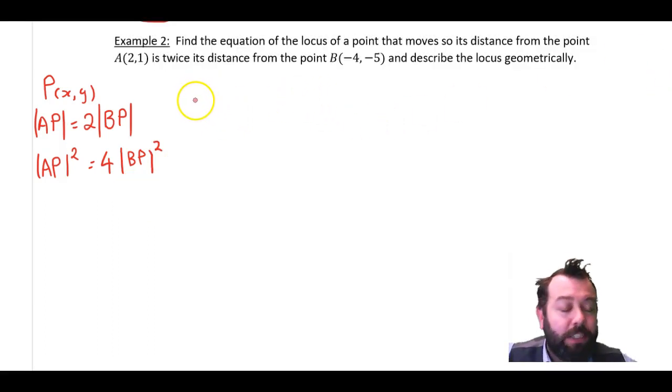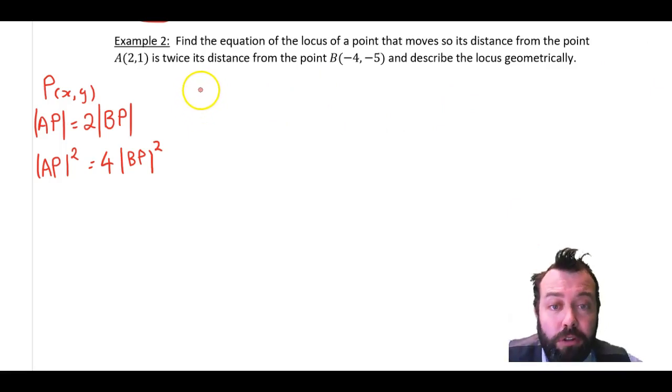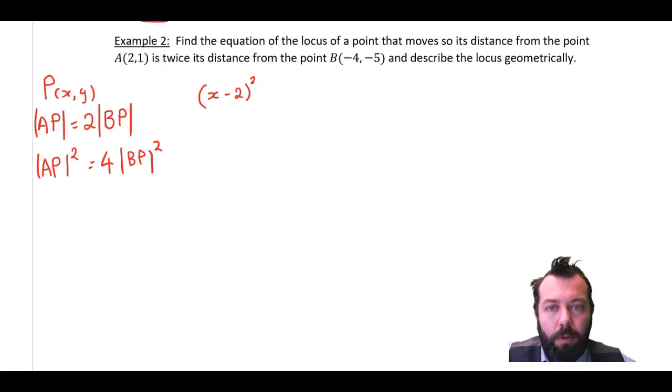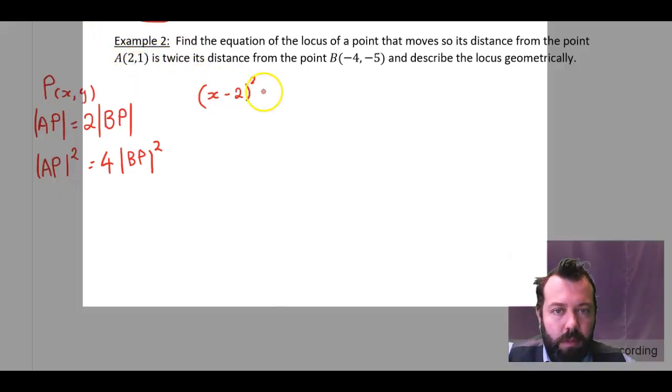Well, just like we did in that previous question with the circle, the length of AP squared is equal to x minus 2 all squared, there's the 2 that we're talking about, plus y minus 1 squared.